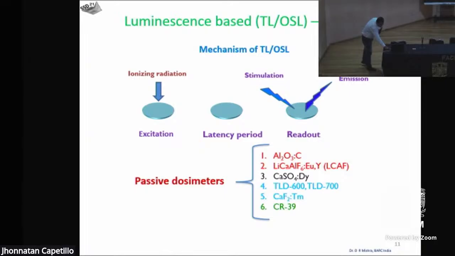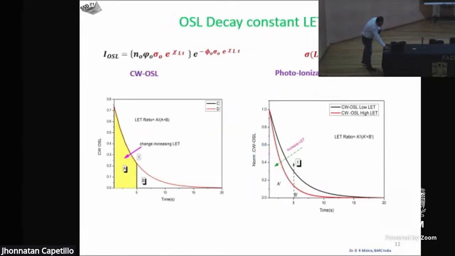These are certain materials. Now, recently we have also come up with some ideas; I think this idea is quite old. Stephen gave it long back: in OSL, the decay curve, the photoionization cross section increases with increasing dose. Now you can quantify this as an area, which is easily measurable, and you can correlate it with the LET of the particles.